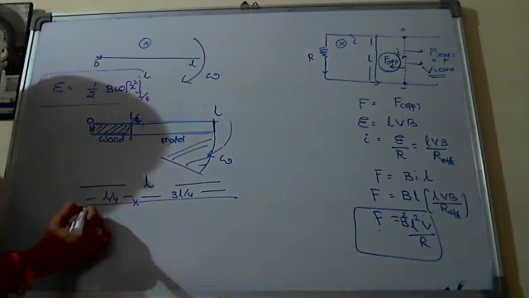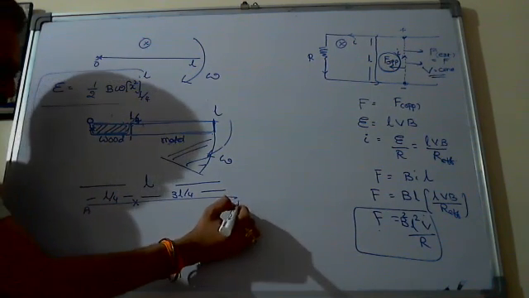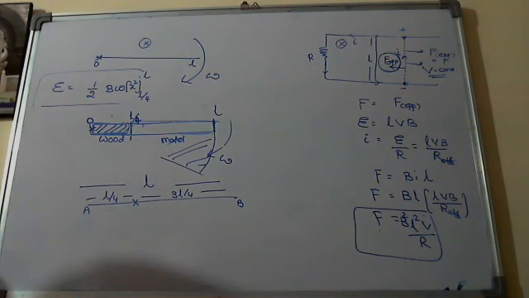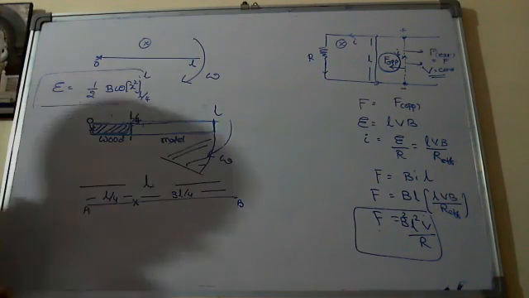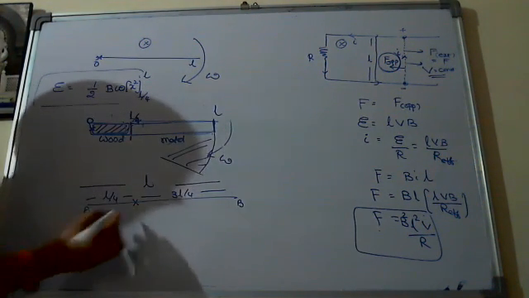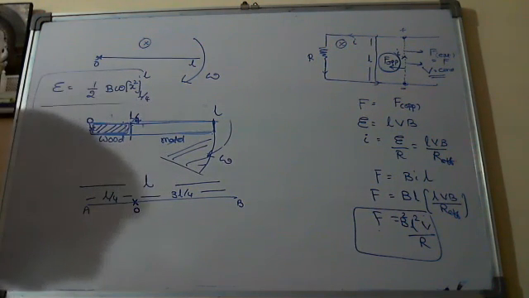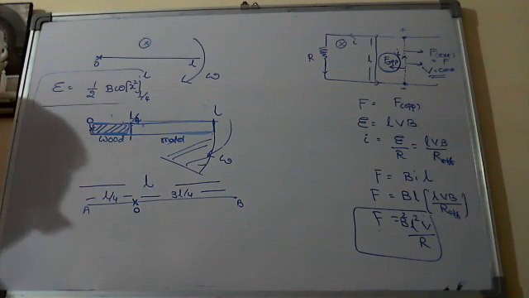What will be the EMF induced across the ends A and B? In this case, how do you solve? This is the axis, it is the origin. The total rod is metal.